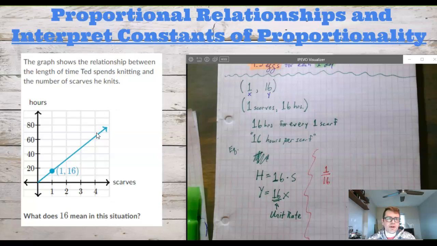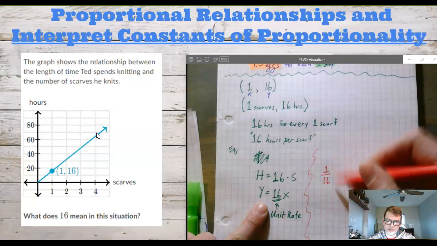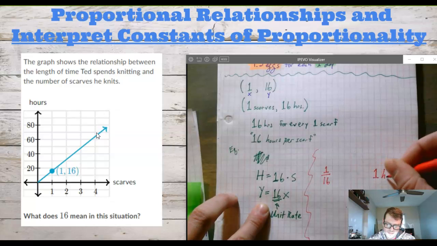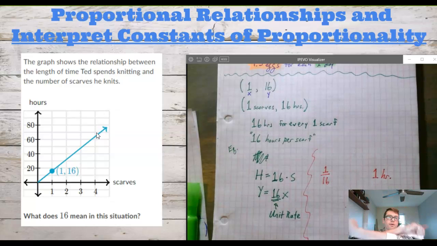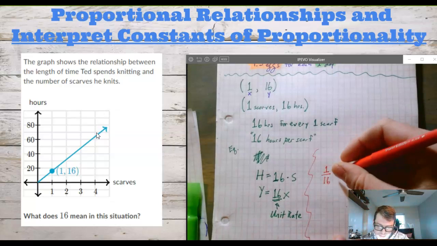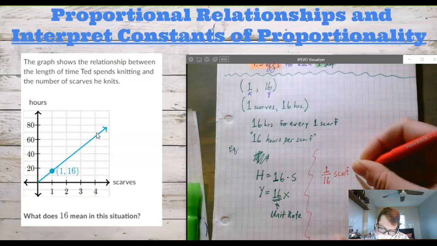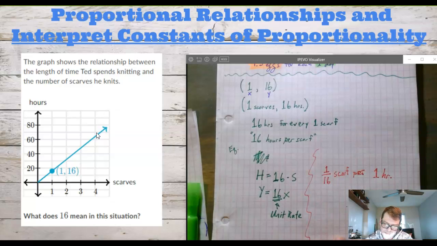If the other unit rate is the reciprocal, so if this is 16 hours, this one would actually get 1 hour. Because remember, it flips the order around. Instead of hours per scarf, this would be scarf per hour.